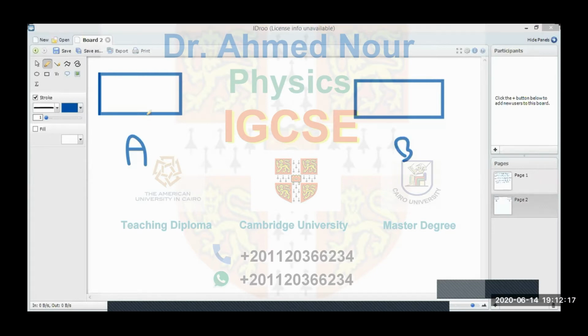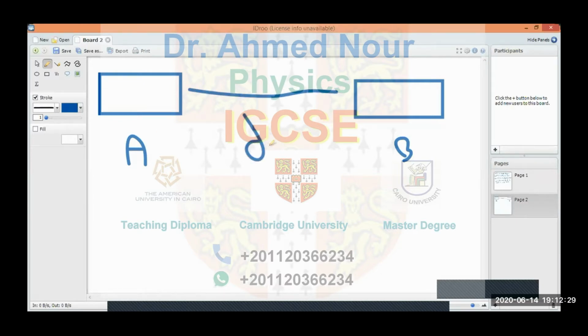I have an object in position A, and then it changes its position to position B. So this is distance or displacement. I measure the distance between A and B. Okay, this is the change in position.